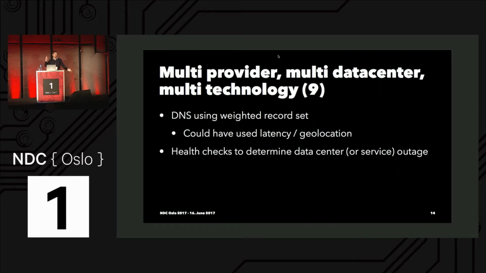And I use health checks in order to survive a data center or cloud provider outage. So in case, let's say, DigitalOcean goes down, I will still be able to handle customer traffic. Okay, cool stuff. Think about it. And it's quite easy.